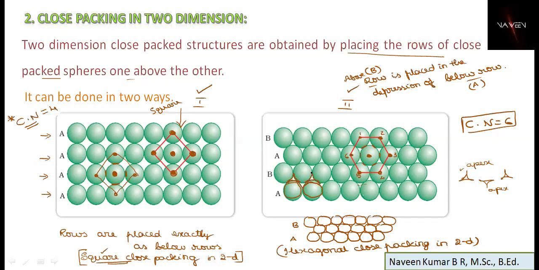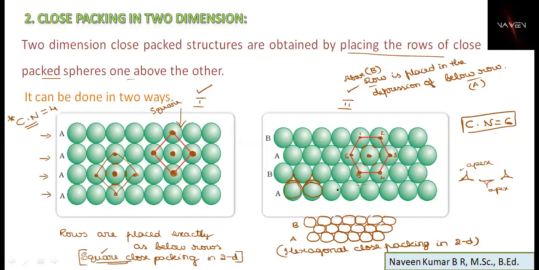Now you can understand hexagonal close packing first. Placing the layers in the depressions created by the below row will form a hexagonal close packing. If you place the layers exactly on the below layer arrangement, it will form square close packing.